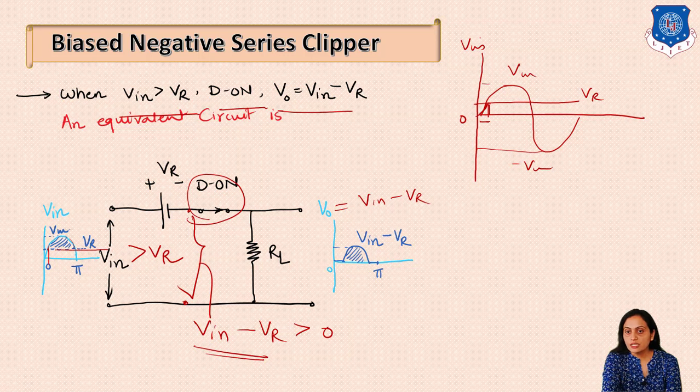If this time period is T1, then till T1 we are getting output 0, and after that this much portion appears at the output, shown over here, because this particular range is 0 to pi. Up to T1 there is no output, that means the output voltage is 0, and after that up to T2 we are getting the output. From T2 to pi the output voltage is 0. And what will be the value of the output? That is Vin minus Vr.